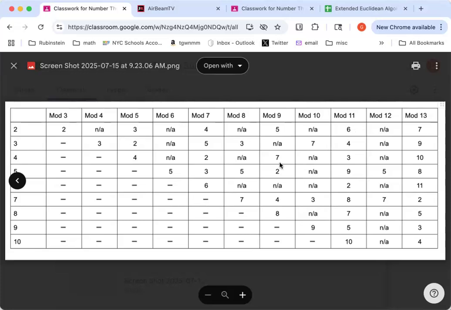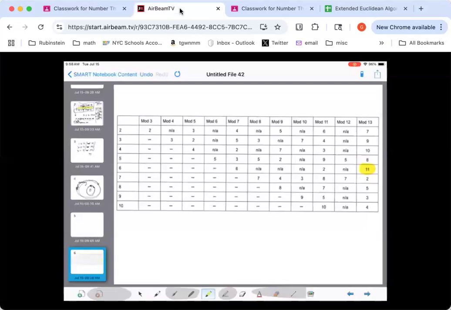Now, is there some way to do this without trial and error? Is there some way I could have known that, let's say, 6 was going to have an 11? There's some way to have known that. So that's what I want to show you first today. Is there a way to answer questions like 6x is congruent to 1 mod 13 that does not involve guess and check?